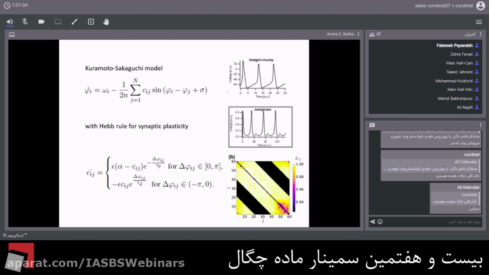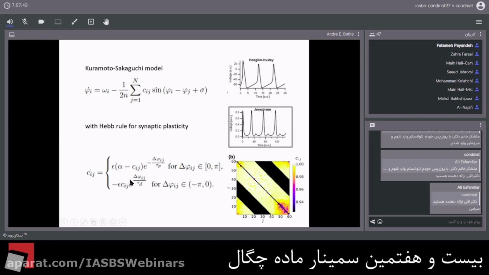So the Hebb rule states essentially that the synapse is strengthened if the presynaptic neuron excites the postsynaptic neuron, and otherwise, if it's the opposite way around, it's weakened. So if the phase difference between i and j is leading, then it uses one of these equations, which then increases the value of Cij up to a threshold of alpha.